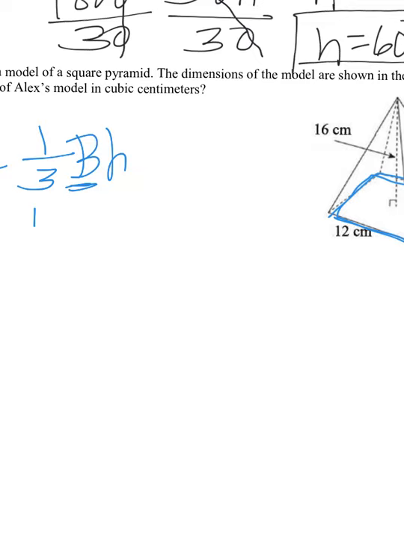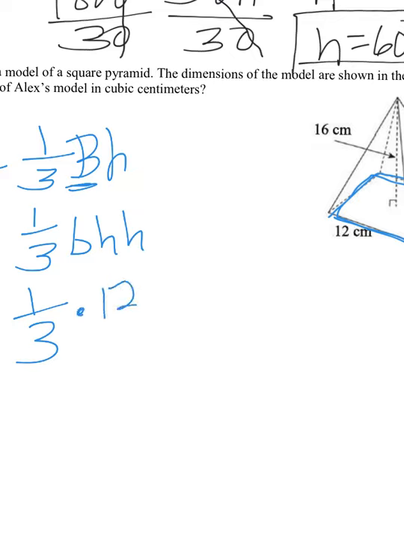So we would do 1/3 BH, 1/3 of the 12 times 12 times the height of the pyramid, which is 16.